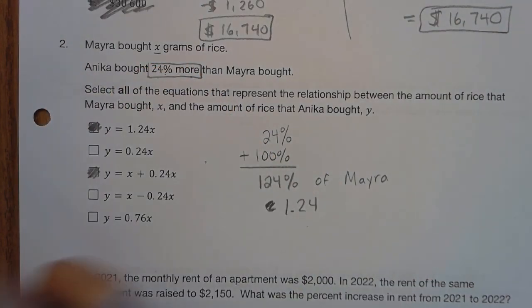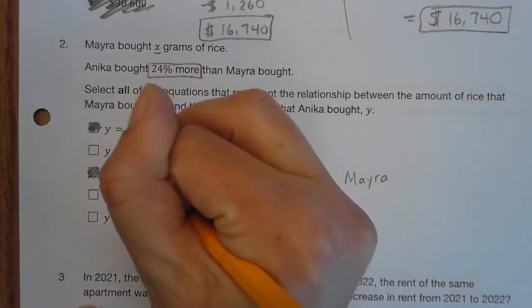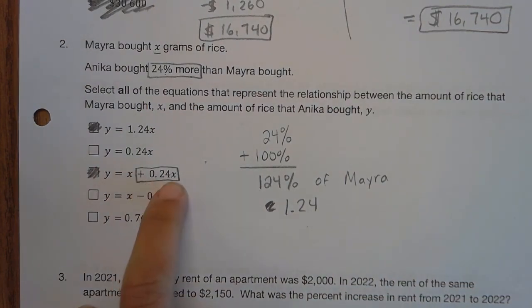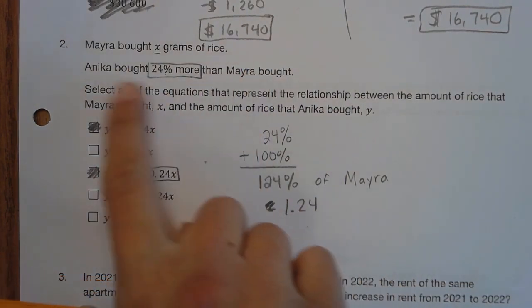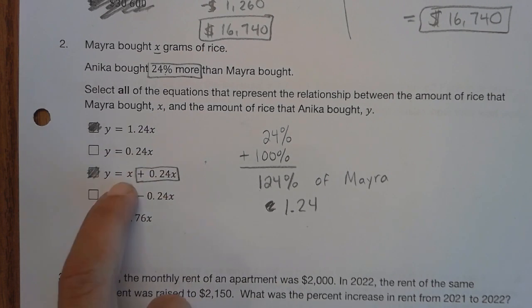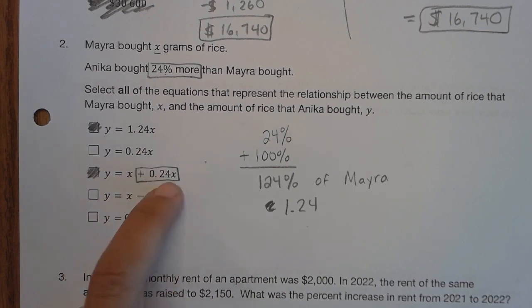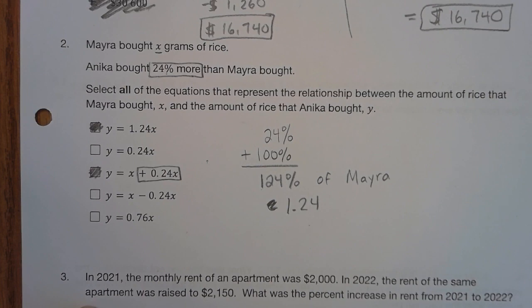Okay, so that's going to get us the first one, and then this third one is also going to be correct, right? We're taking a 24% increase, so we're adding 24% of what Myra bought to what Myra bought, right? So X here is like our 100%. This is Myra, so it's our original plus 24% of the original.